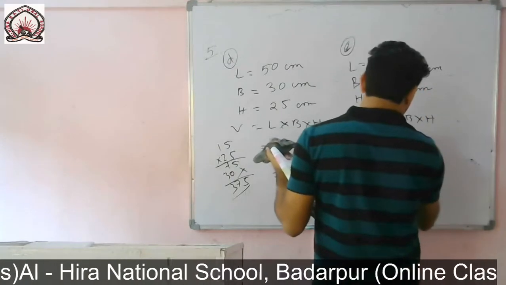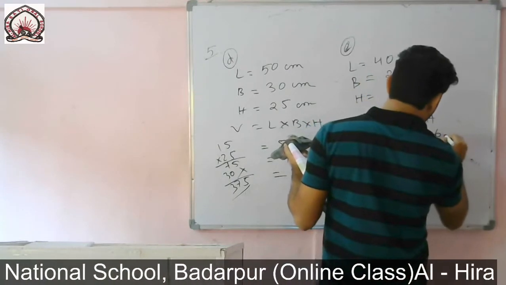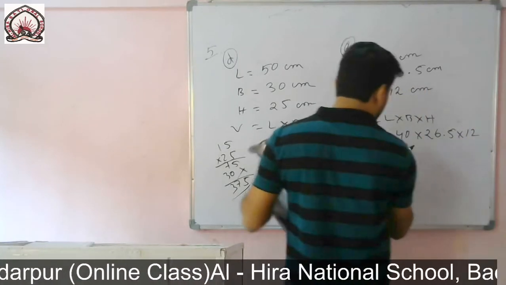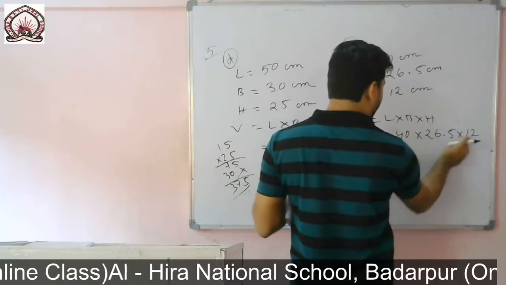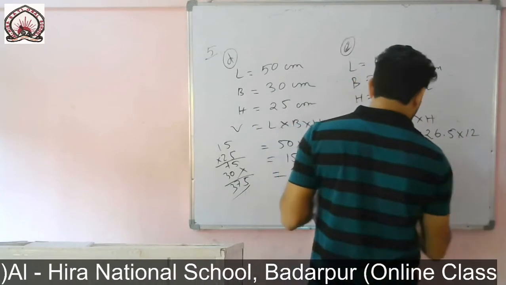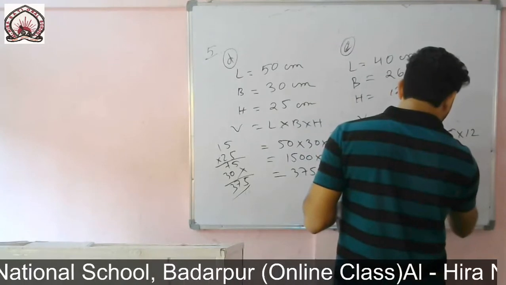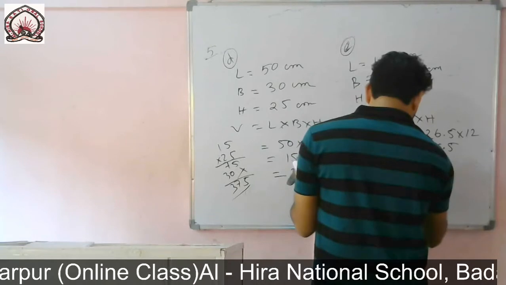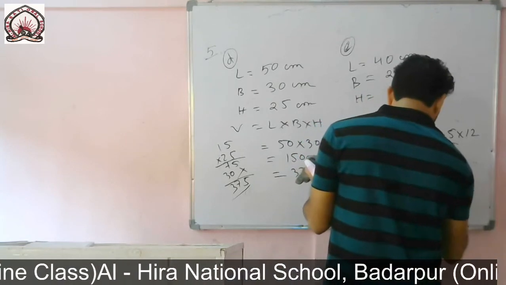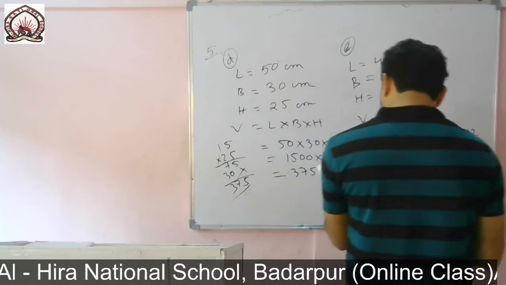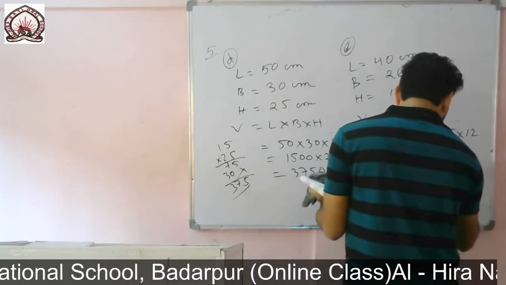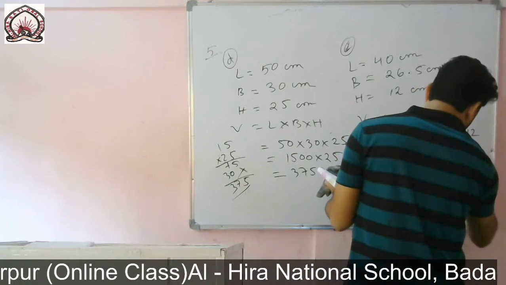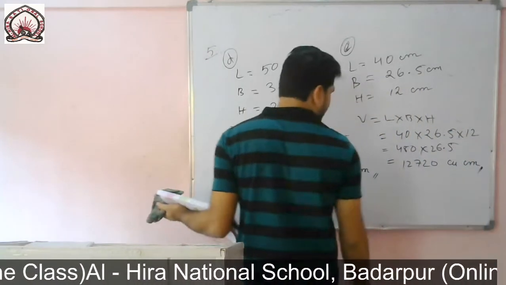Okay, so 40 into 26.5 into 12. Okay, so if you multiply 40 and 12, then 480 into 26.5. If you multiply, then you will get 12720 cubic centimeter. Okay, you multiply, then you will get the answer.